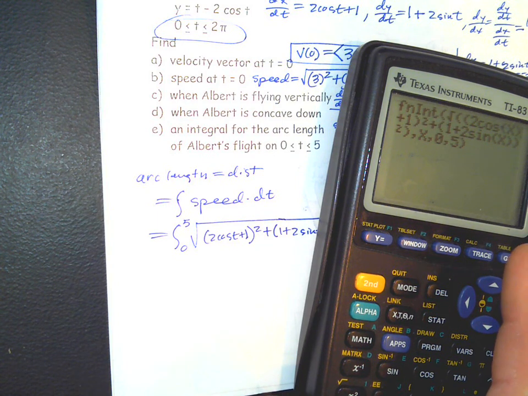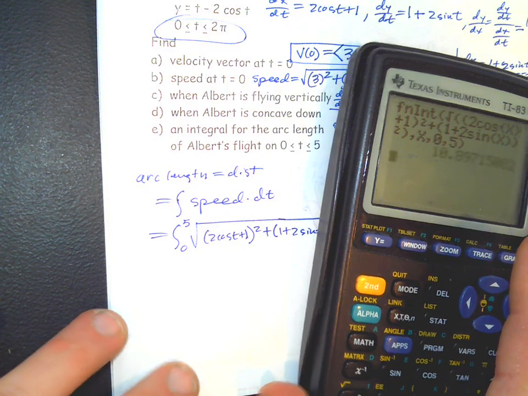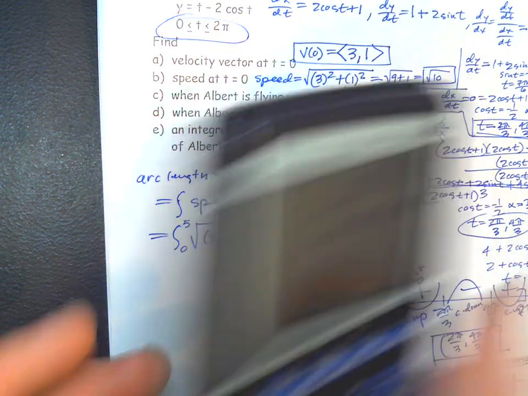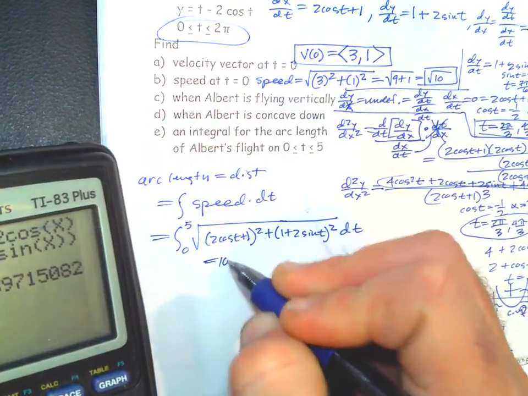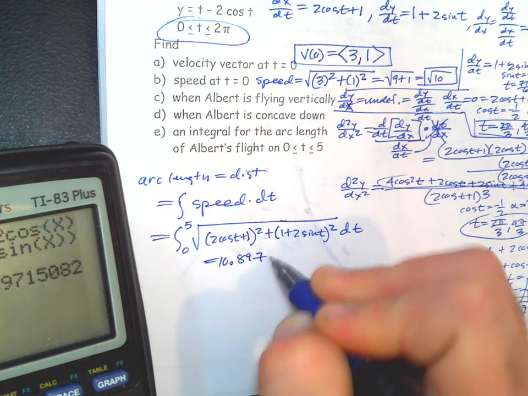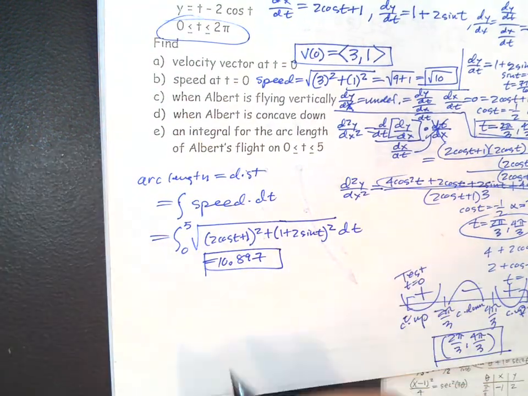This should give us the answer. There it is. 10.897 through decimal accuracy, rounded or truncated. Comes out the same this time.